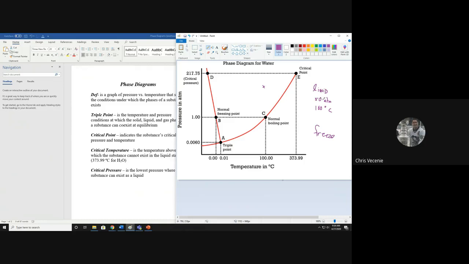If you're at that 50 atmospheres of pressure, you have to think and say, okay, I'm stuck at the 50, but I need to make it so that I go all the way across that line and then drop down into here and figure it out. You would want to say, hey, I would need to cool the substance to some negative Celsius.